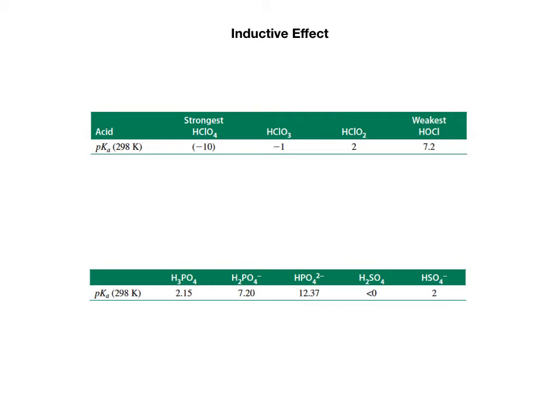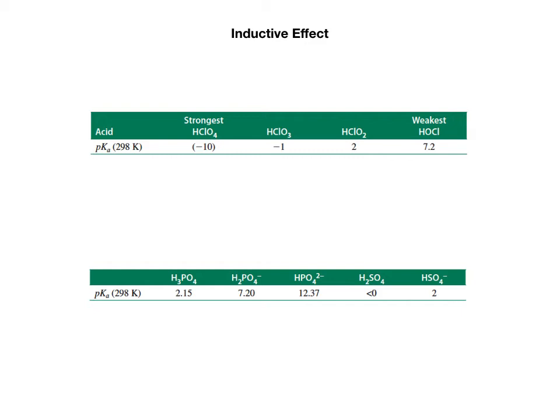Okay. So for HClO4, this molecule has 3 double bonded oxygens and 1 hydroxyl. And for HClO3, there are 2 double bonded oxygens, HClO2, 1 double bonded oxygen, and HOCl, there's no double bonded oxygen.